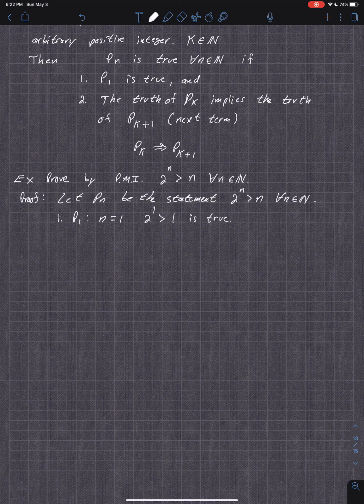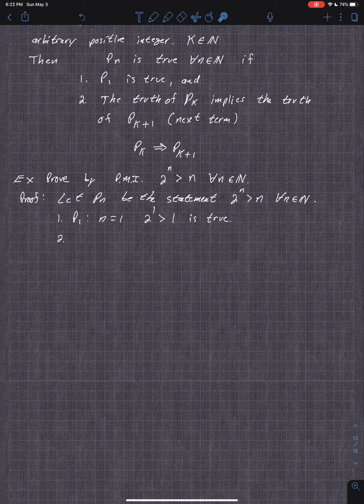Okay, then 2, this is what's called the induction hypothesis step. It's the assumption that P sub k is true. When you do this proof that's an implication like that, we first have to assume P sub k, the antecedent. You need to assume this is true, and then show the truth of this implies this.